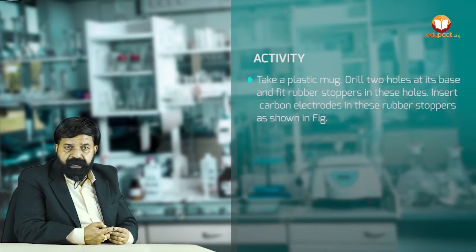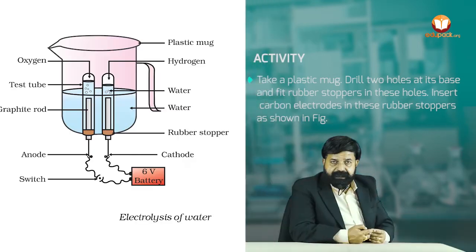Little more deep. Take a plastic mug as given in this picture. Drill 2 holes at its base and fit it with the rubber stoppers. Insert carbon electrodes in this rubber stopper as shown here. What I am going to do is the electrolysis of water.